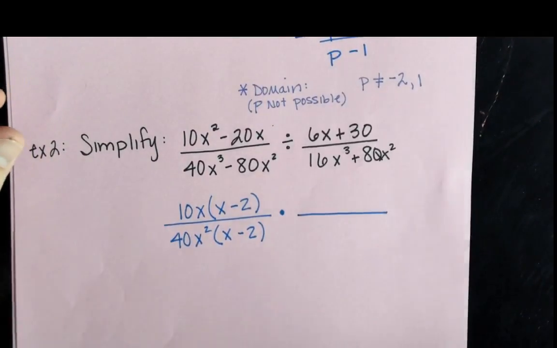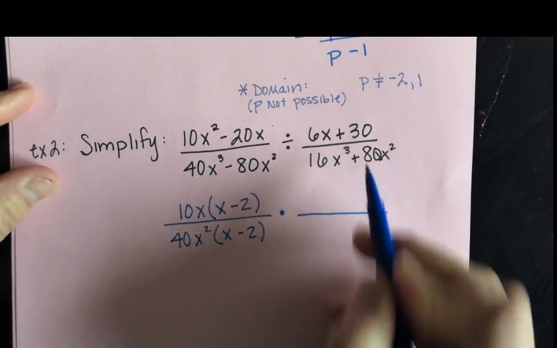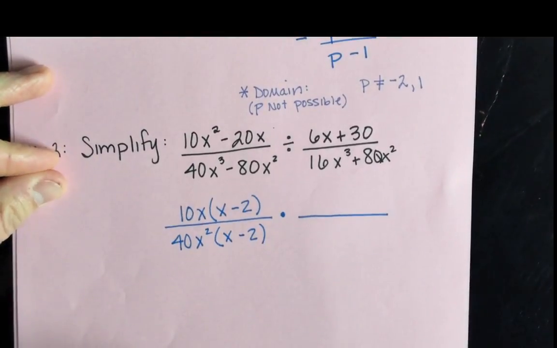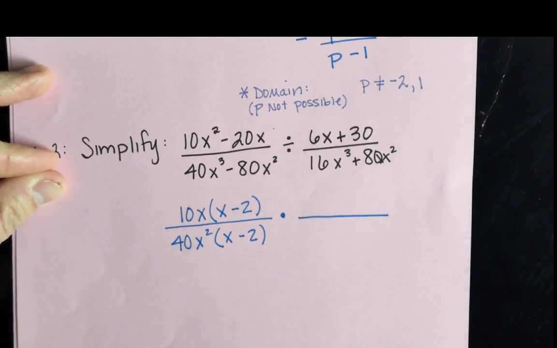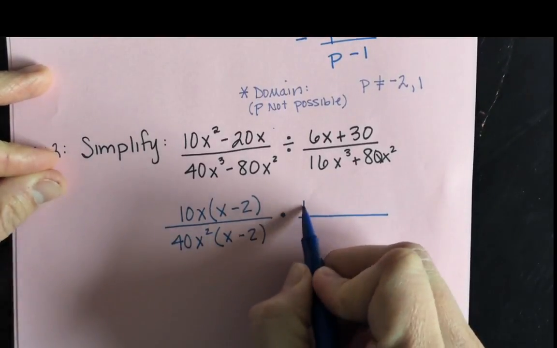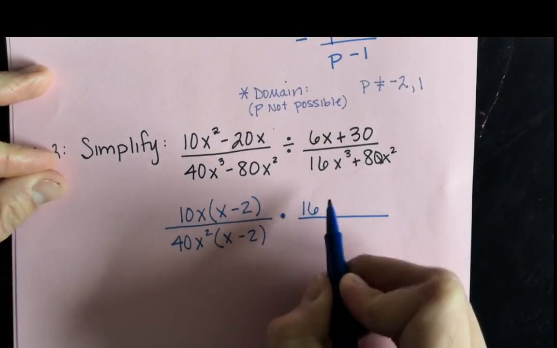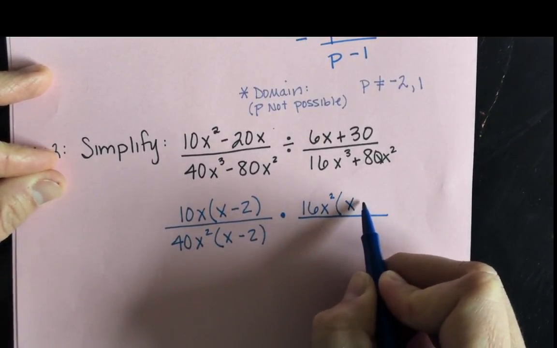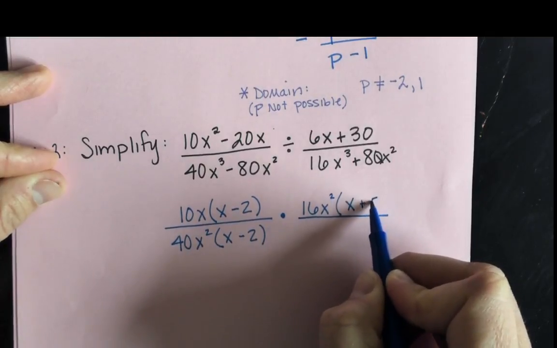So I am going to factor out from 16 and 80, looks like an 8 is going to be able, actually 16 times 5 I believe is 80, so we're going to be able to factor out an entire 16x squared, and that leaves us with x plus 5.